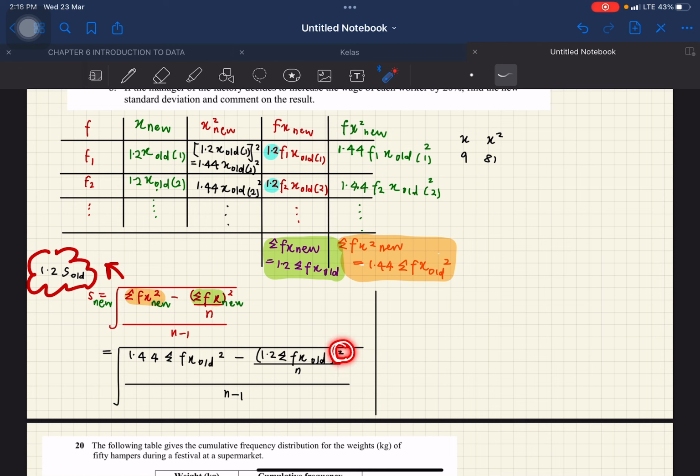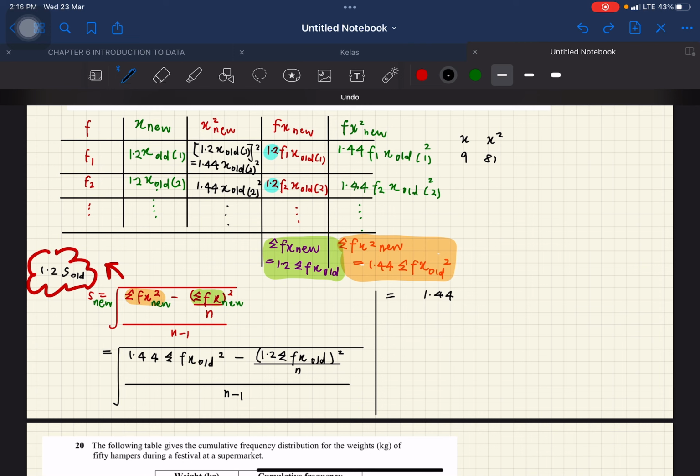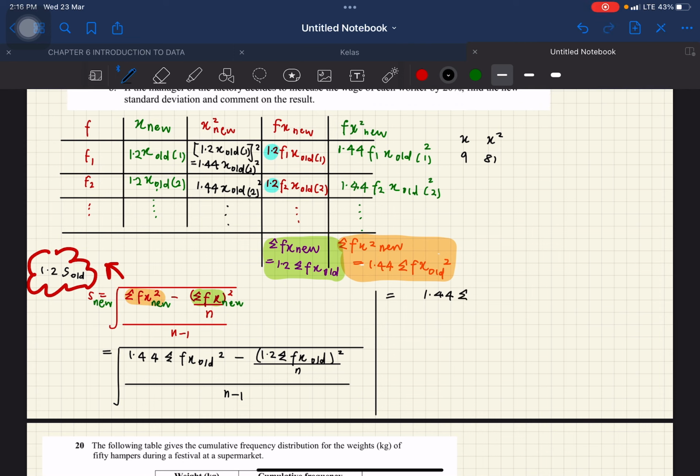You have square over here, so this one will become 1.2 square, and then this one will become summation of Fx old square. Okay, so which is equal to 1.44 summation of Fx old square minus 1.44 summation of Fx square yang lama.